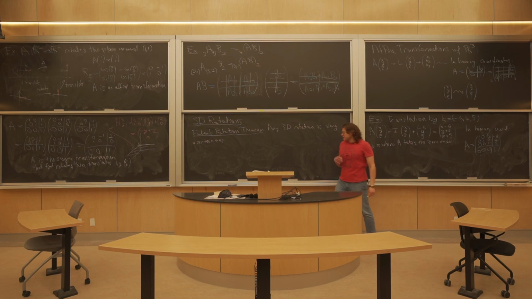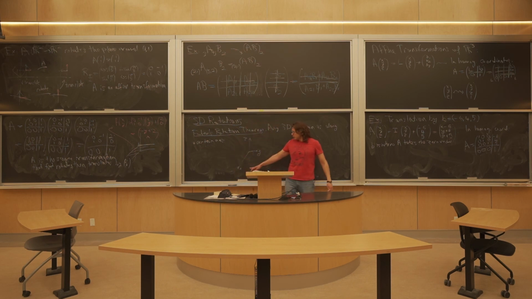So in the standard coordinates, of course, I have 3 different axes. So I can think of rotation along x this way. I can think of rotation along y this way. Or I can think of rotation along z. Okay? So you would say rotation along x is what is called roll.